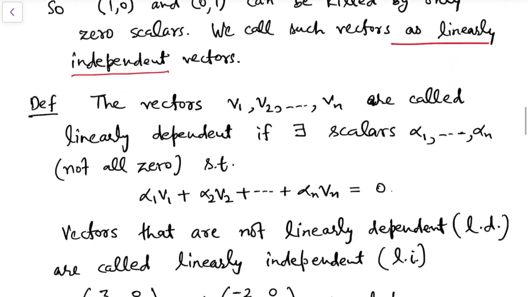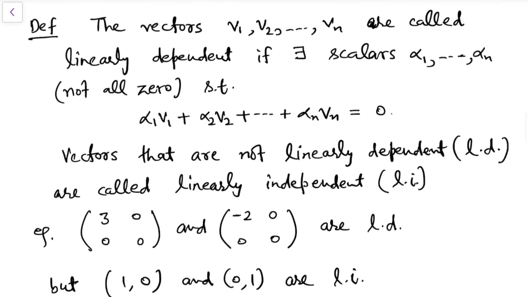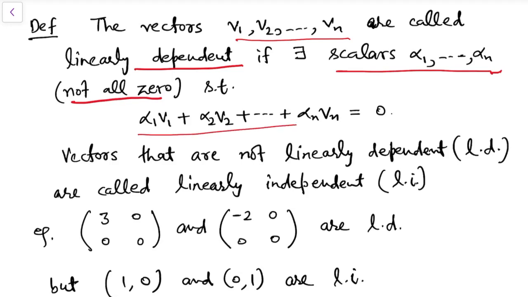So now we define what are linearly independent vectors and linearly dependent vectors. N vectors in a vector space are called linearly dependent if there exist scalars alpha 1, alpha 2, ..., alpha n, not all of them 0, such that the linear combination of these n vectors is 0.